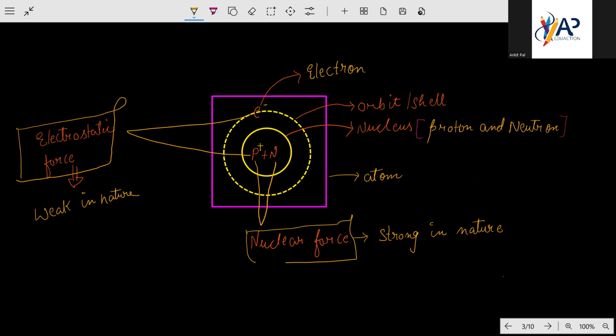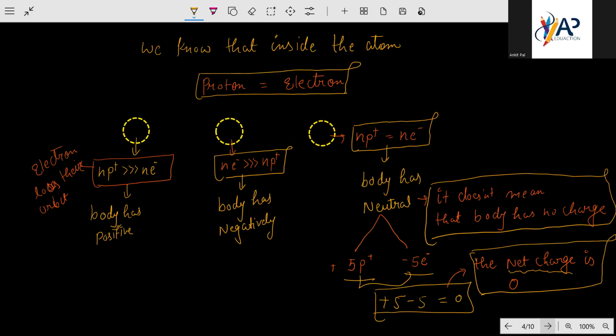This part is clear now. This page is clear or not? Very good.